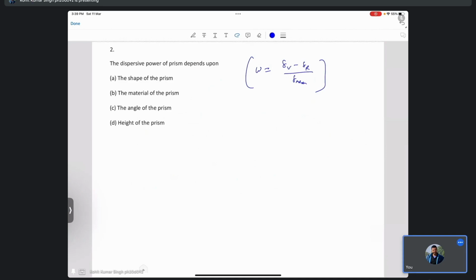Yeah, correct. So yeah, that's right, because I also gave you this formula that angle of deviation is mu minus 1 times A. So we can write this dispersive power formula in terms of refractive index. And the refractive index is a property of material, right? So that means it depends on the property of material of the prism.